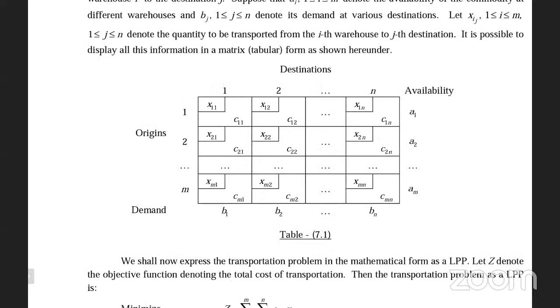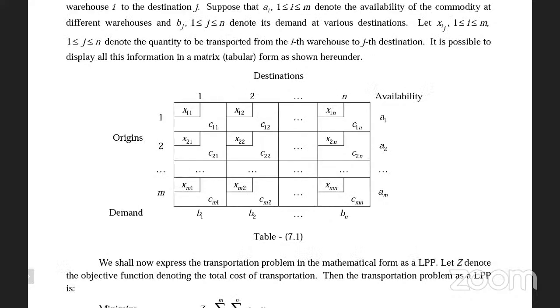Their manufacturing production will be A1 units, A2 units, so on, Am units. The first company gives A1 units of production, and the second gives A2 units as its production availability. That is my company product. The availability in the market is A1, A2. Now the company has this material available with me.